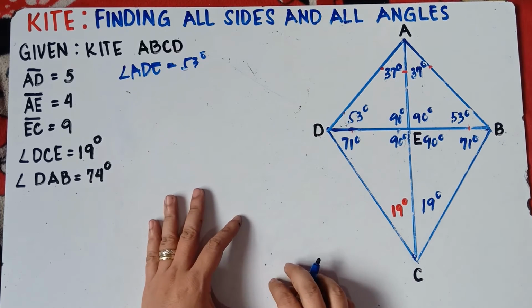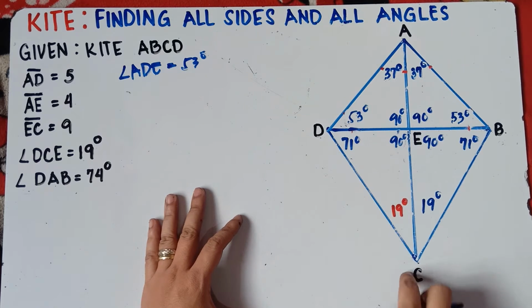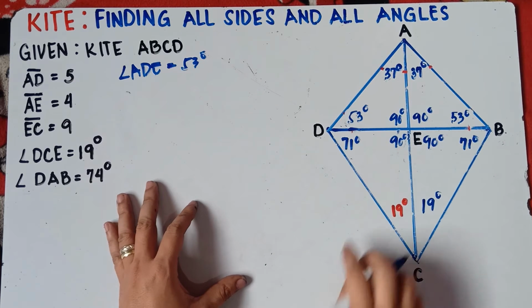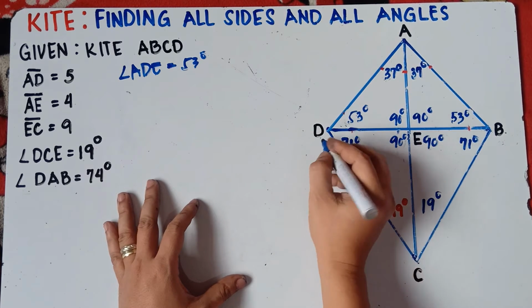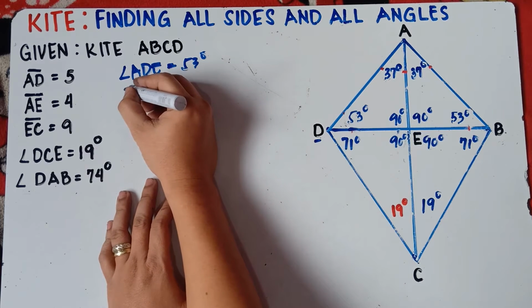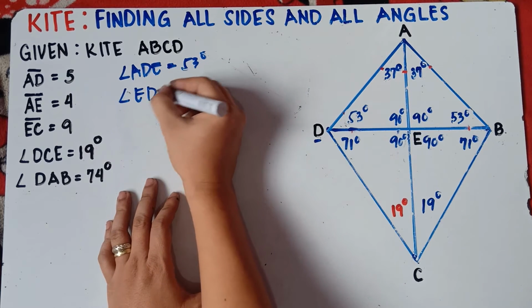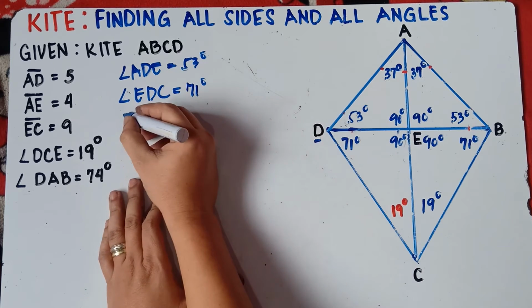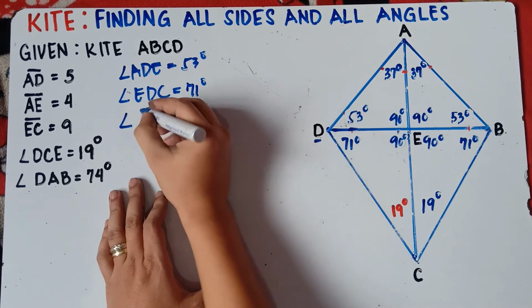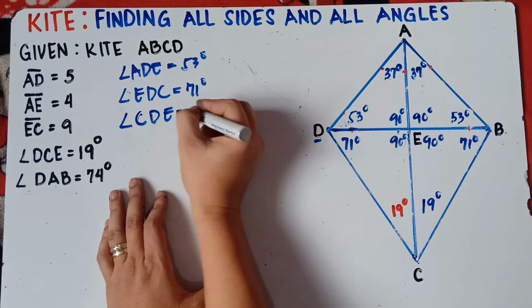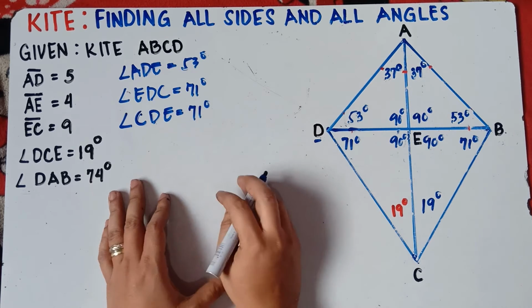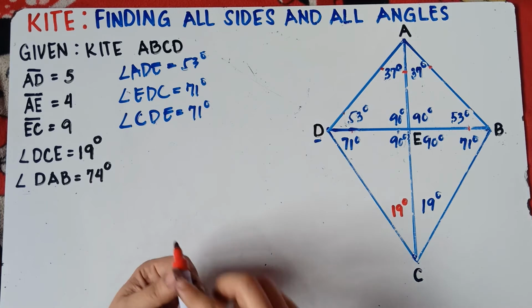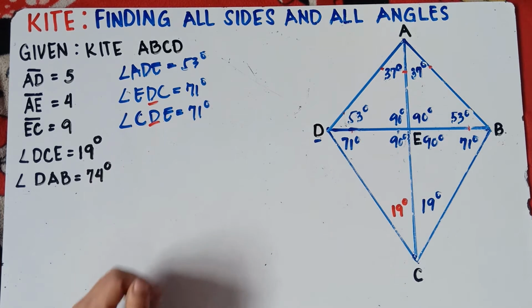Or you can read this one as angle EDC or CDE. It's actually the same, class, because you are referring to this middle part. If you write angle EDC, that is 71 degrees. You can also read this one, class, as angle CDE, that's also 71 degrees, because you're referring to the same middle part angle, this one right here, D.